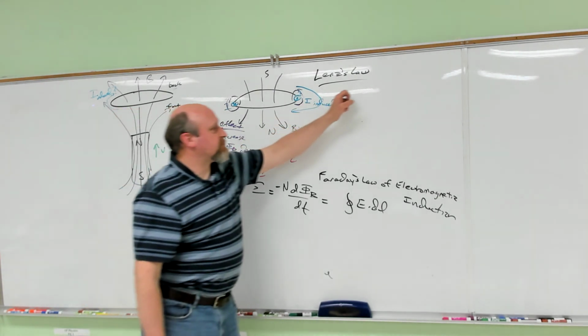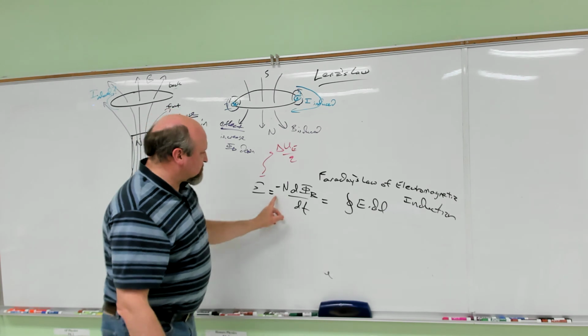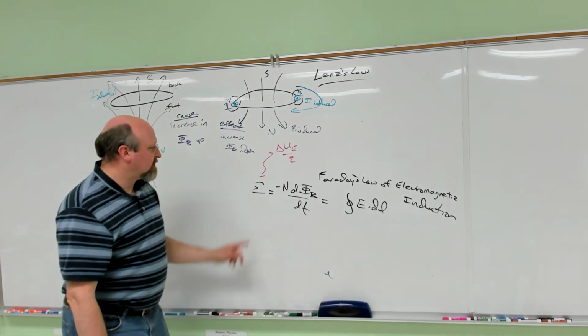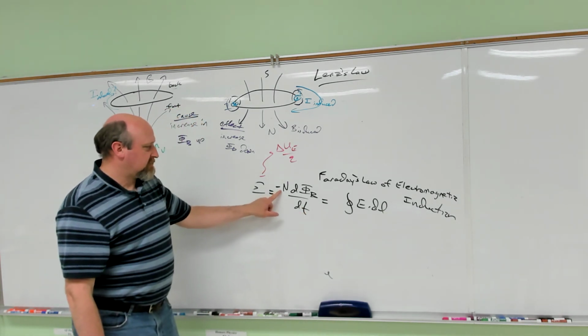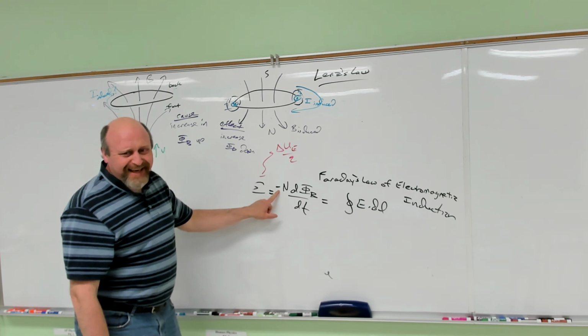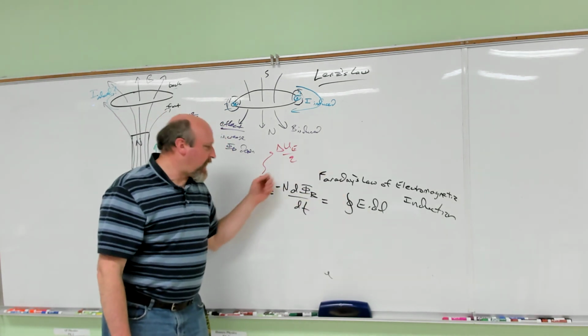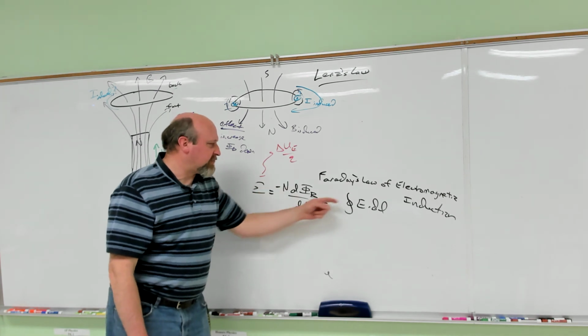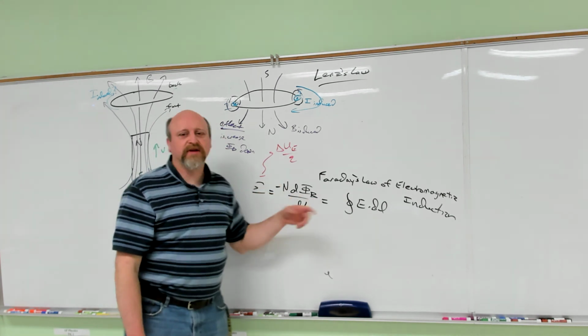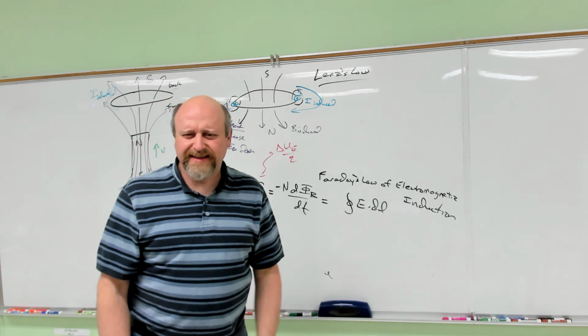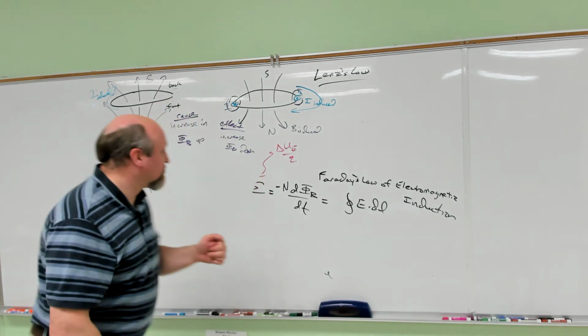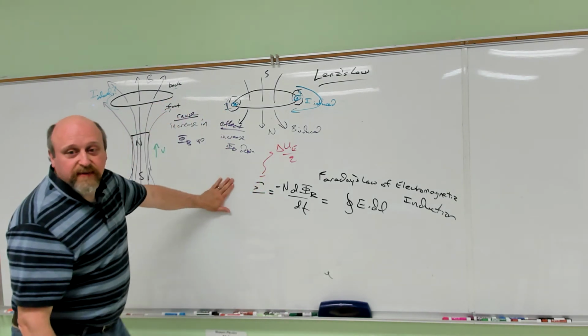That's what Lenz's law is about. You know, we have this equation. This negative sign is meant to indicate Lenz's law, that the voltage acts opposite, to make a change in flux that's opposite the change in flux that made it flow. Does that kind of make sense? Hope that makes sense. Okay, this is it. This is the idea of electromagnetic induction.